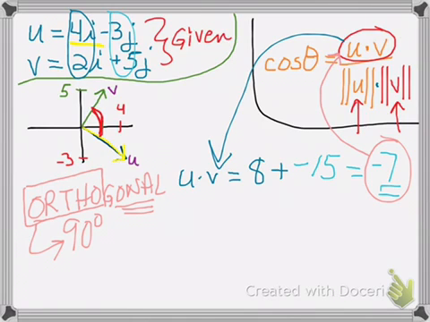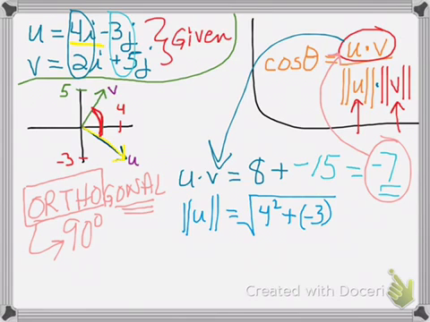Now I need to find the magnitude of each vector. So magnitude of u. And once again, this is done in a previous Math Excel assignment. You take the x coordinate and you square it, and you add it to the square of the y coordinate.